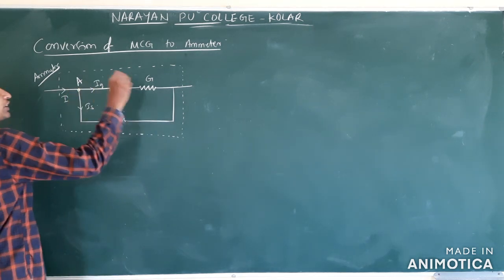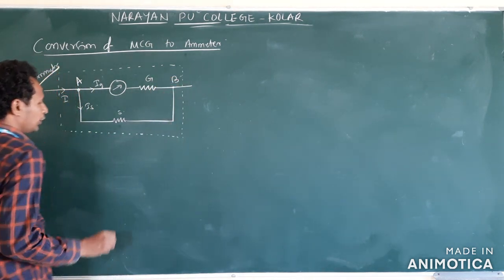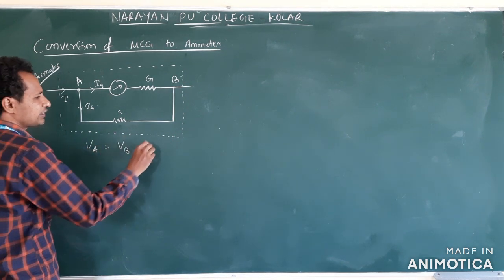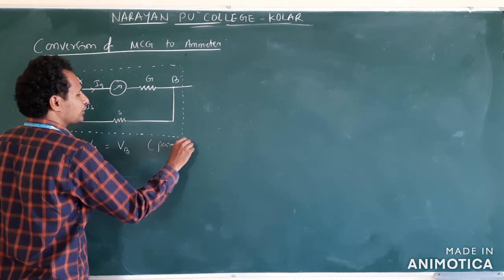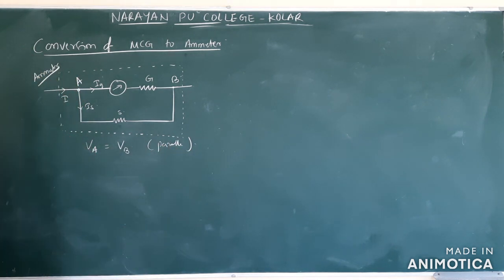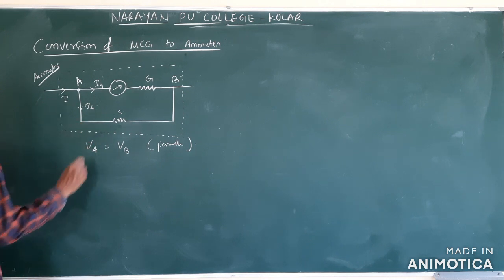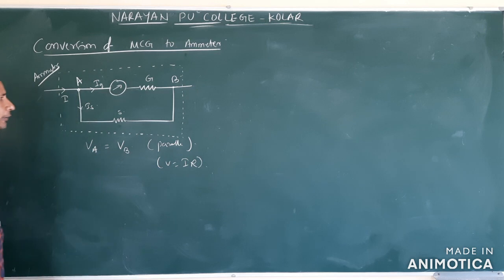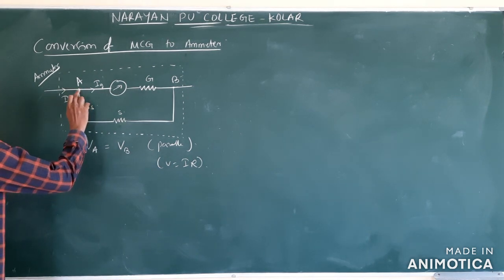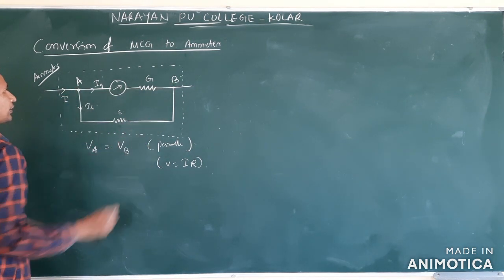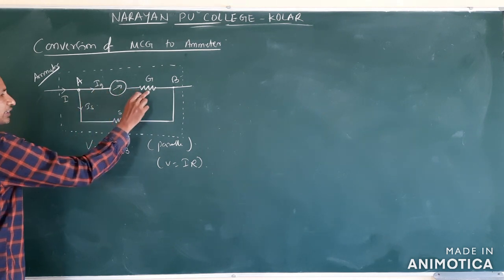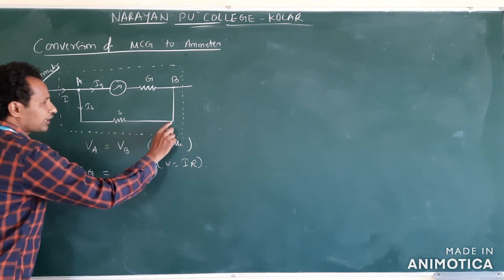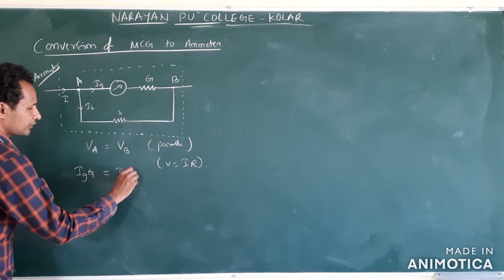Let us say this is junction A, junction B. Potential at A is equal to potential at B because of the parallel combination. What is the potential expression? V is equal to I R. So what is the potential drop across AB? Current IG and resistance G. So we write IG G, equal to the potential across S, which is IS S.